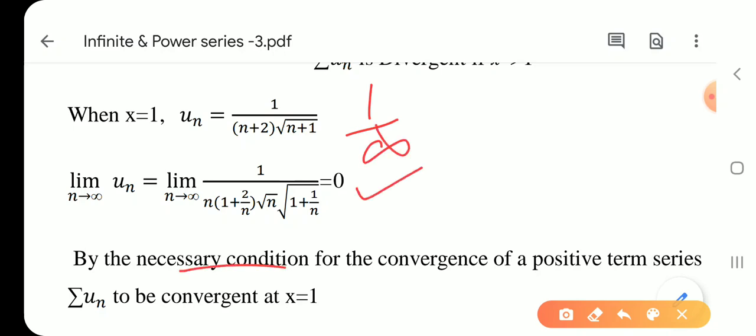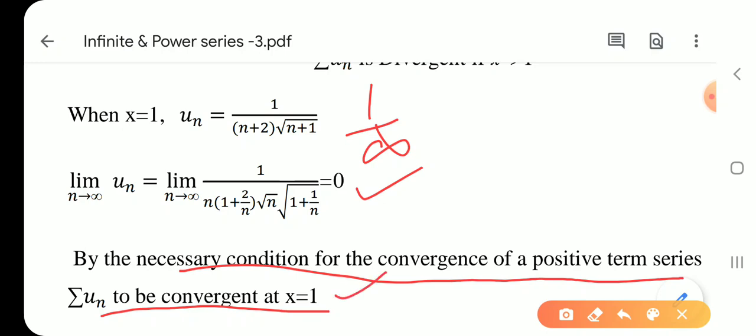So by the necessary condition of the convergence of positive series, which we have seen in video 1, the series converges if the limit tends to 0. So it tends to 0. So it is convergent at x is equal to 1.